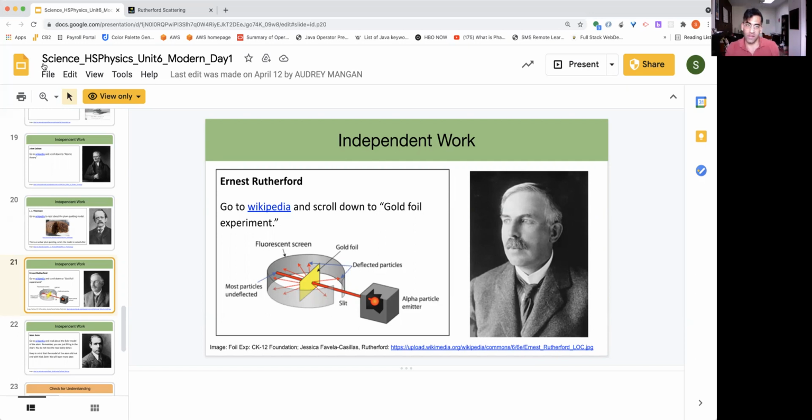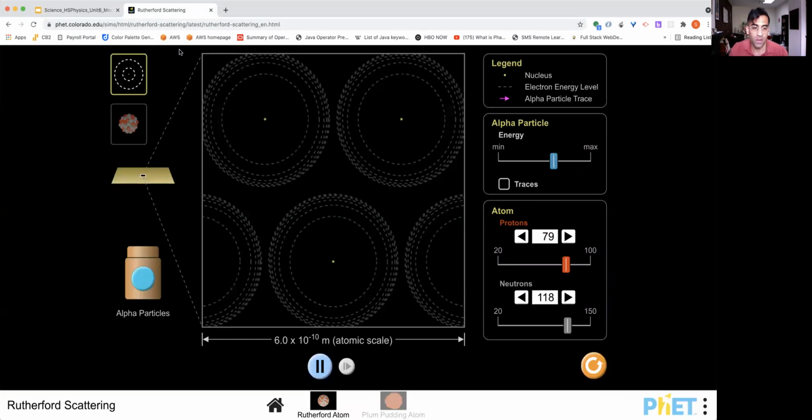And that brings me to this simulation. So here we have gold foil, and what we're going to do is fire alpha particles. And this right here is the platform they're being fired into, magnified. So we have a big view of everything inside this platform, down to the individual atom.